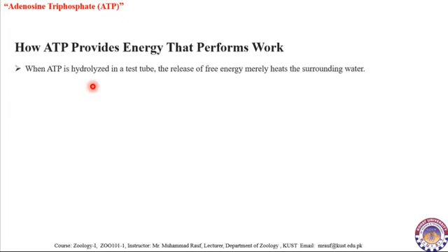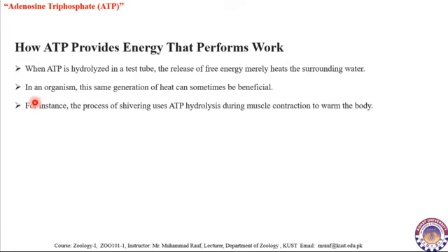When ATP is hydrolyzed in a test tube, the release of free energy merely heats the surrounding water. In an organism, this same generation of heat can sometimes be beneficial. So, the hydrolysis of a single ATP releases a small amount of energy if you observe it in a test tube, but even that small amount of energy when liberated inside a living system is beneficial.